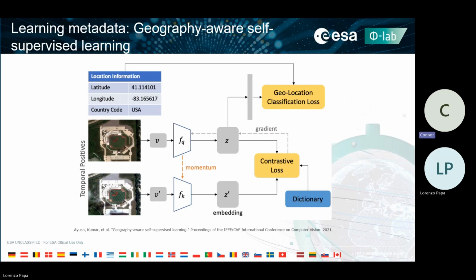In this way, a model learns that the image is invariant, or better, learns how to detect if the two inputs that you give are the same or not, independently from the temporal perspective.